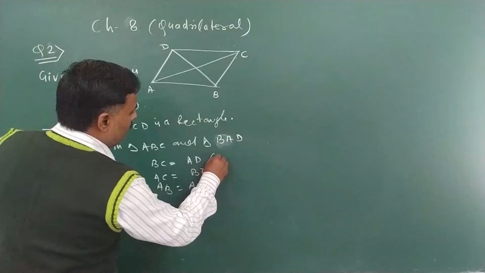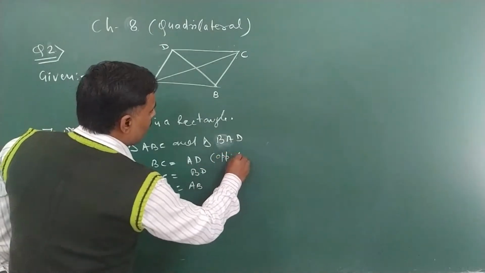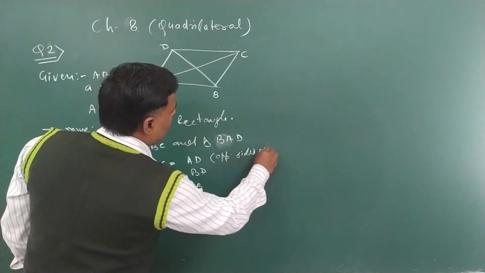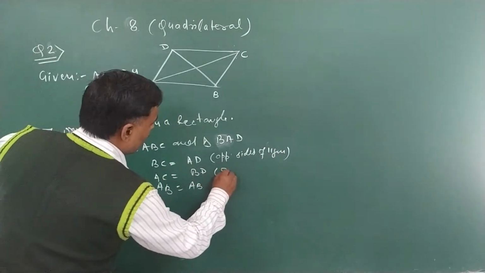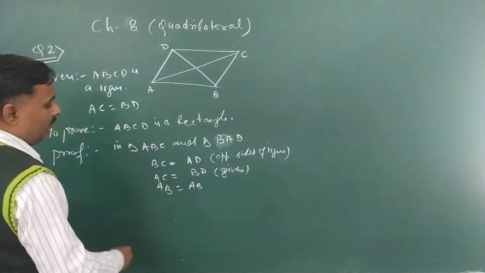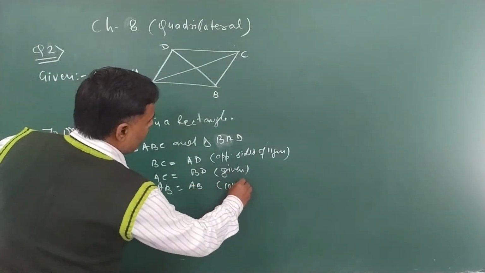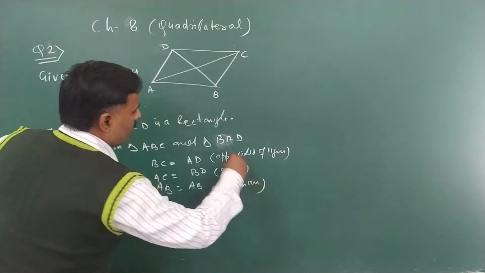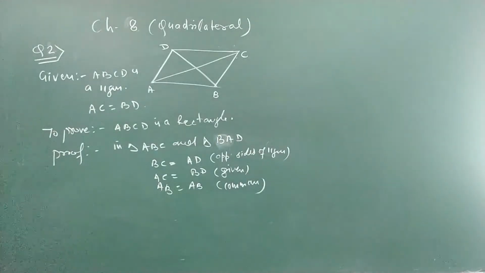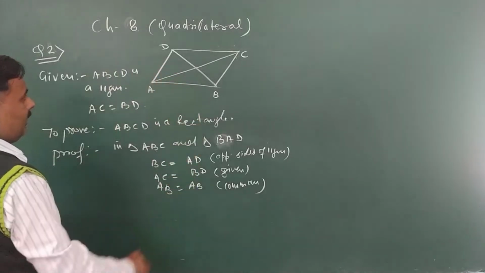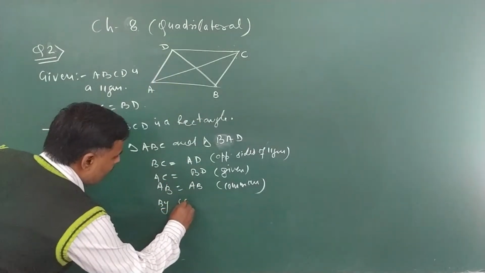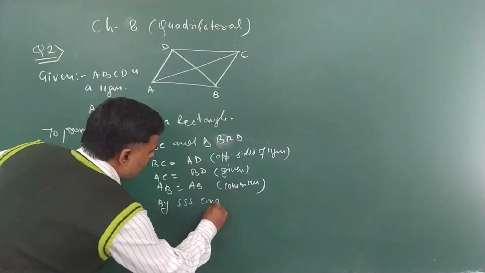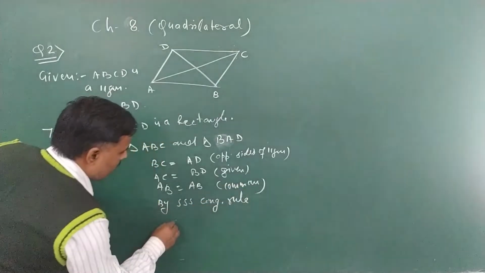BC and AD are opposite sides of the parallelogram, the second one is given already, the diagonals are equal, and this one is common. So all the corresponding sides are equal.